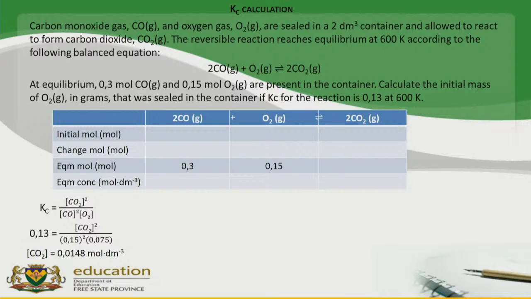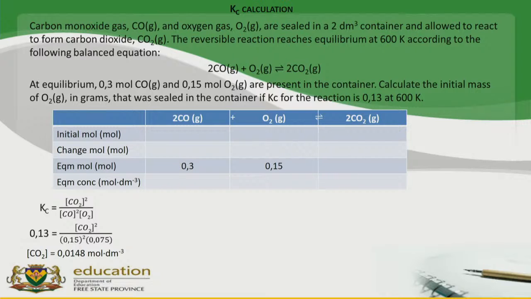And then you are given the Kc value, which is 0.13. Remember, equilibrium must be at the same temperature as the beginning of the reaction. No temperature must be changed, because when you change the temperature, remember, the Kc value changes.